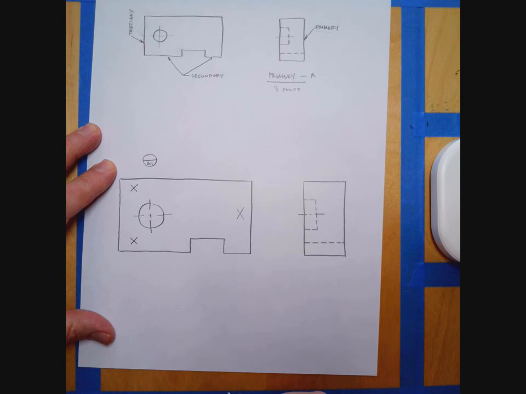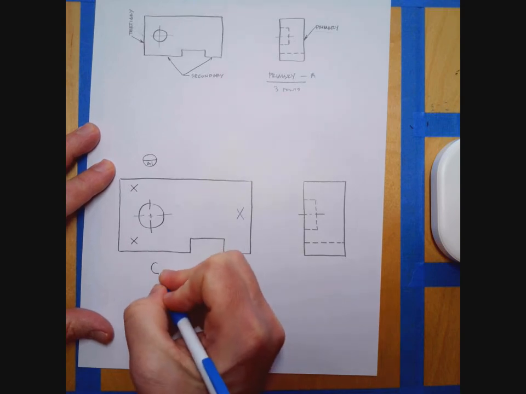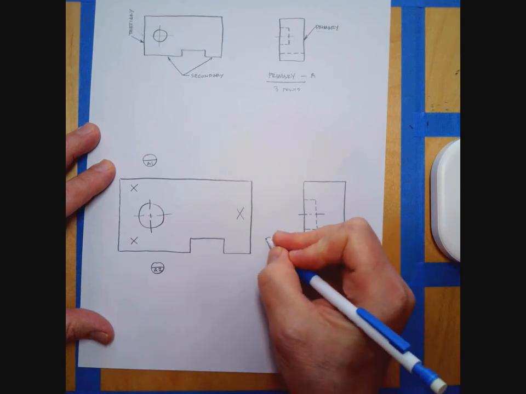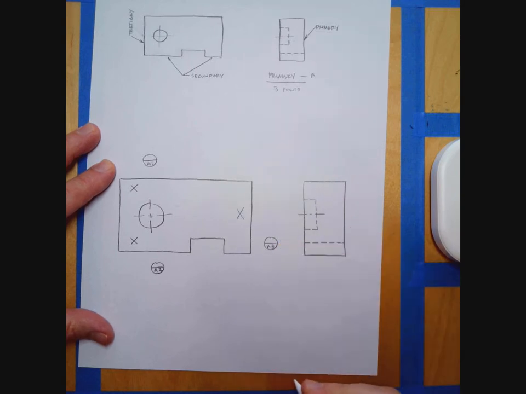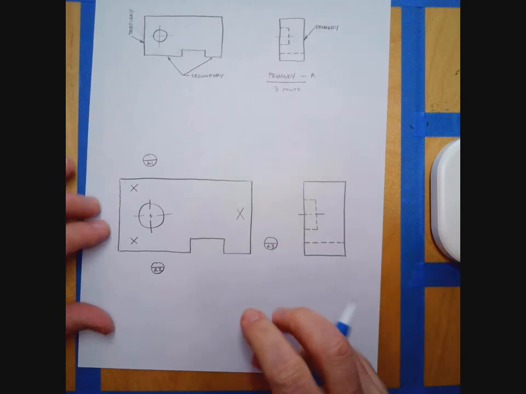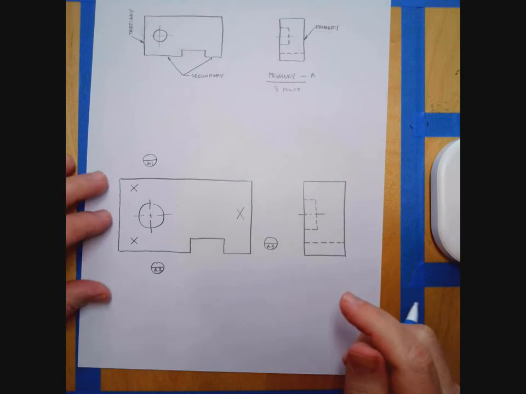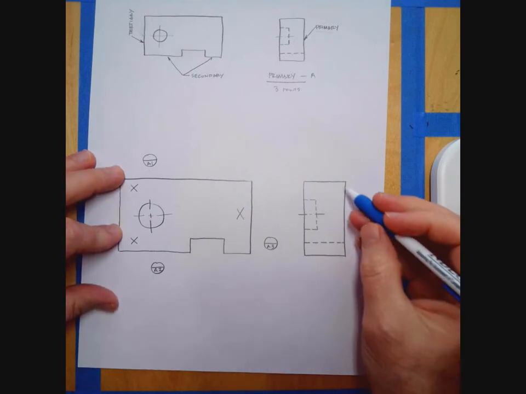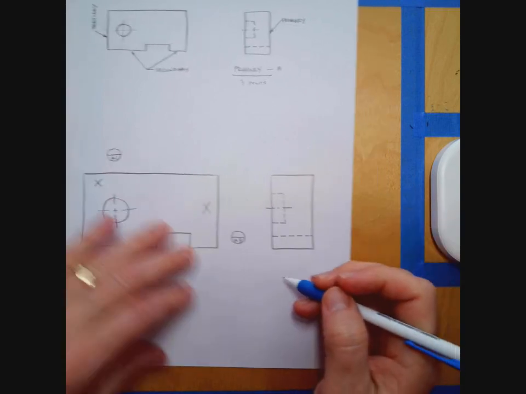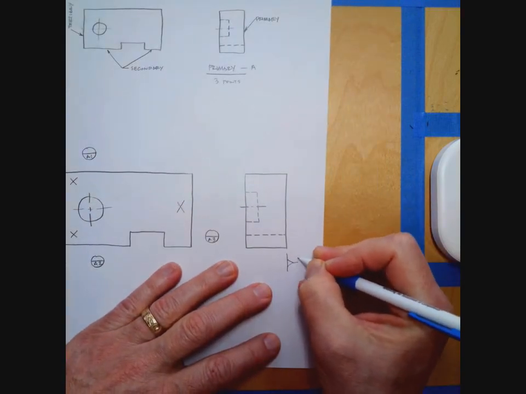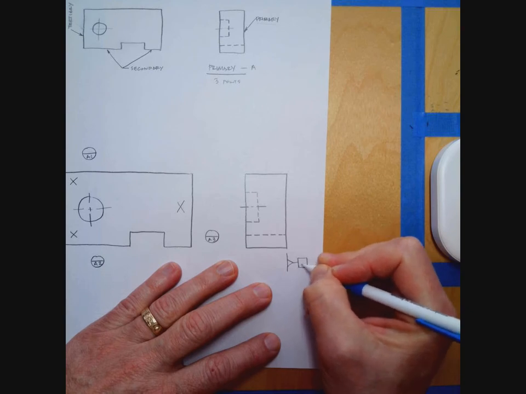This point over here is A2, and this point over here is going to be A3. Okay? Now, knowing orthographic projection like you do, you should understand that we're talking about this surface. And in fact, let me label that surface because we need to label it as well. This is datum plane A.